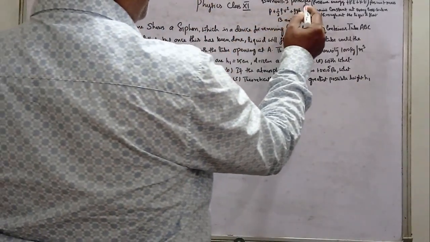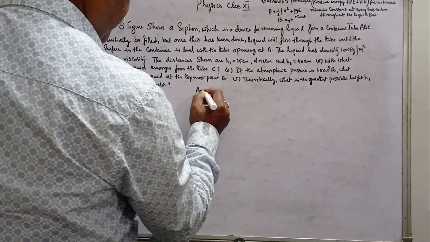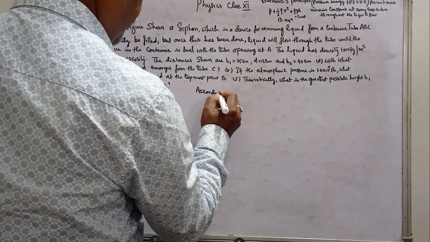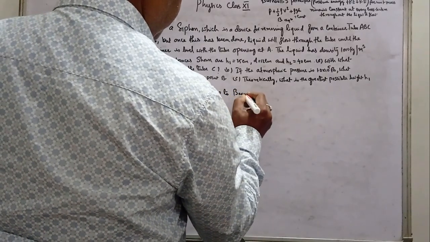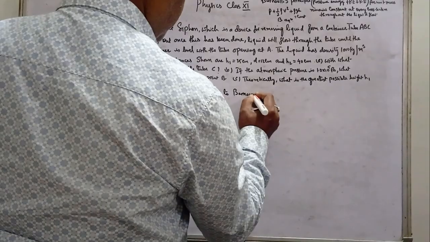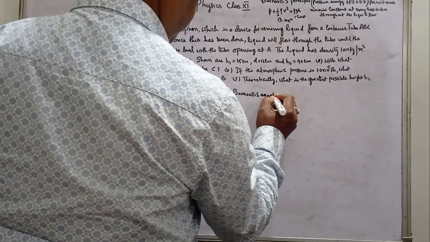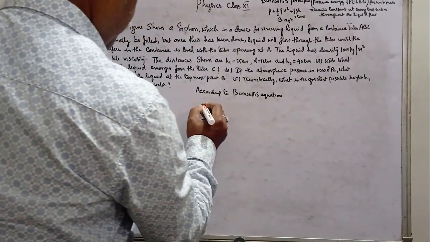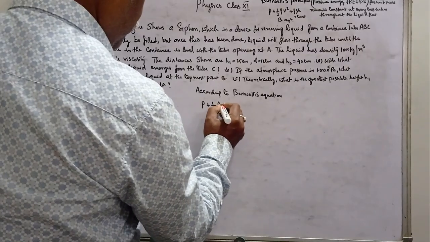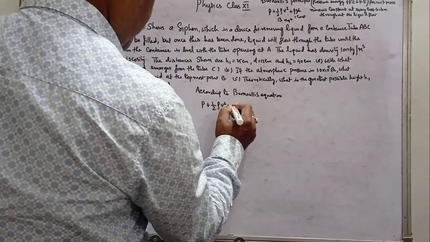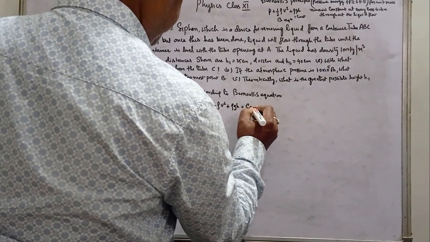According to Bernoulli's equation, P plus half rho v square plus rho g h, pressure, kinetic energy, and potential energy, is constant.